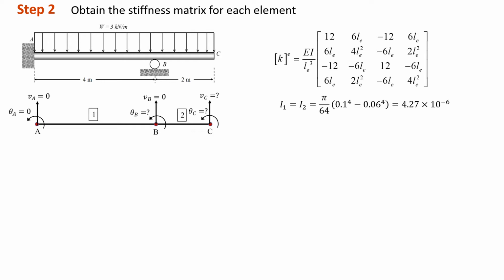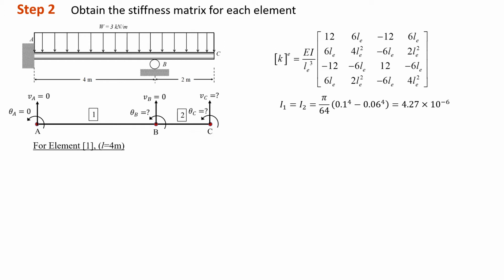By using the equation for a circular cylinder, I is equal to 4.27 times 10 power negative 6 meter power 4. Knowing E is 200 gigapascal, I is already calculated, and L for each element, we can calculate the stiffness matrix for each element.